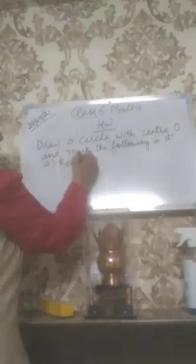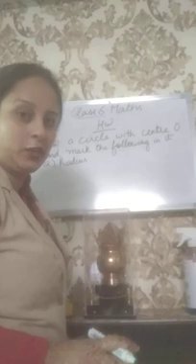So the homework is: draw a circle with center O and mark the following in it. Okay, first is radius. Now I am already giving you the names.